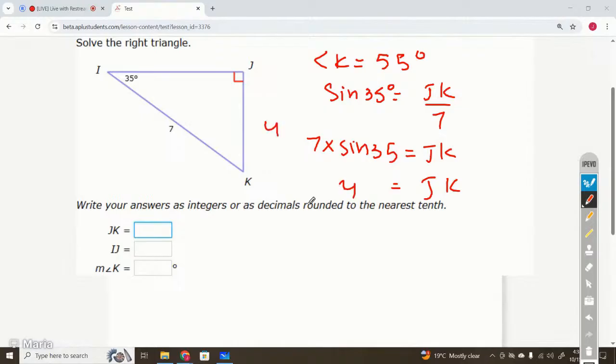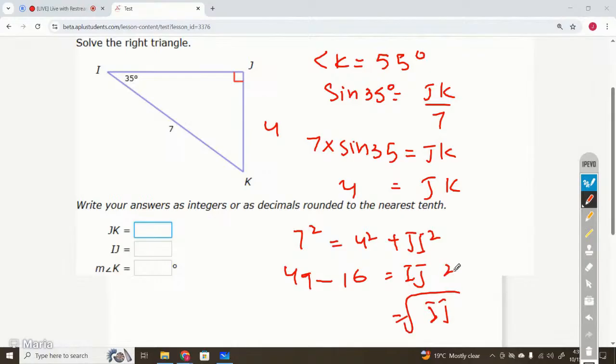So JK equals 4. Now we need to evaluate using the Pythagorean theorem. 7 squared equals 4 squared plus IJ squared. So 7 squared is 49, and 49 minus 16 is 33. Let's just evaluate the square root.